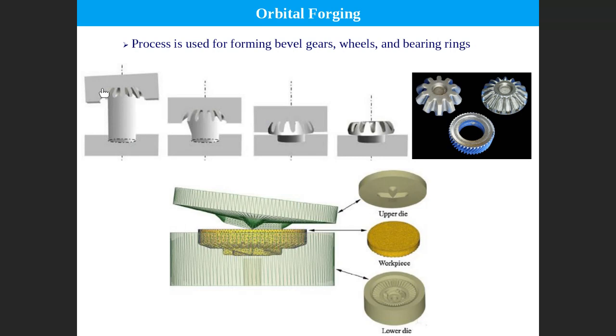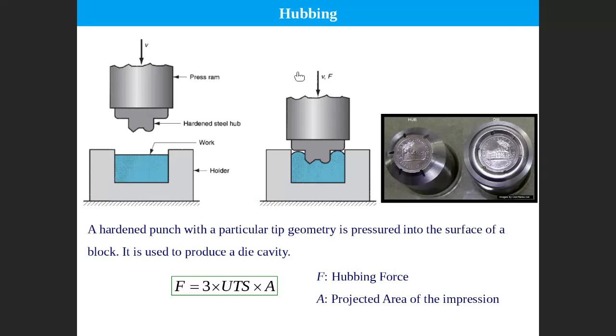But here the deformation is done partially. Every time you do partial deformation, you create this kind of deformation. This is the upper die, and the lower die is exactly the same. The upper die is rotating partially to do the deformation, so finally you get the operation at lower force. This is the orbital forging operation.